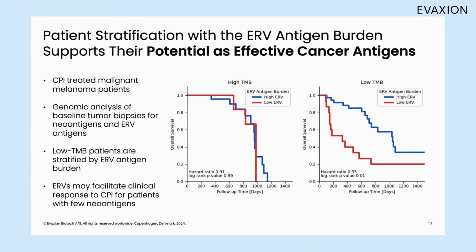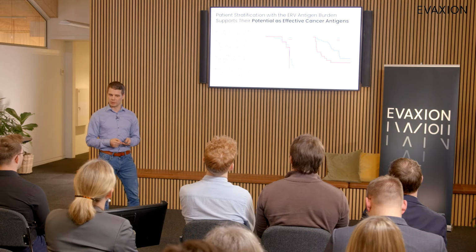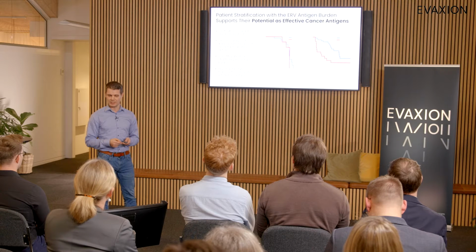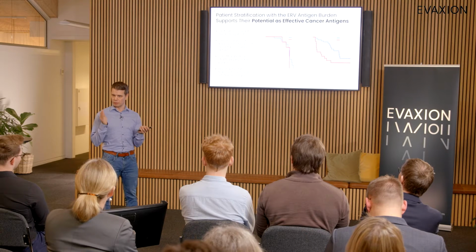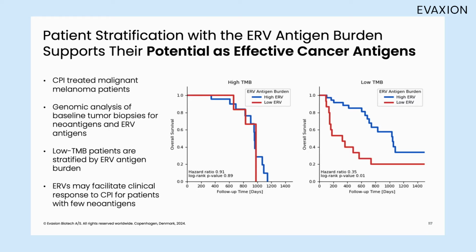What we did was to analyze genomic data from the baseline biopsies, and we then counted up the number of neoantigens in the patients' tumors and the number of ERVs being expressed in the patients' tumors. Then we split the patients into two groups. A group of patients with a lot of neoantigens, here labeled as high TMB. A group of patients with fewer neoantigens, here labeled as low TMB.